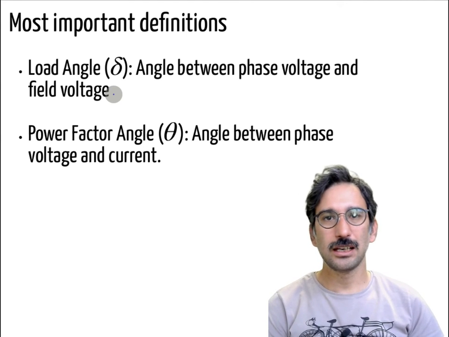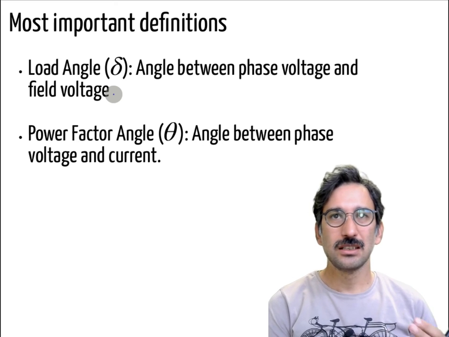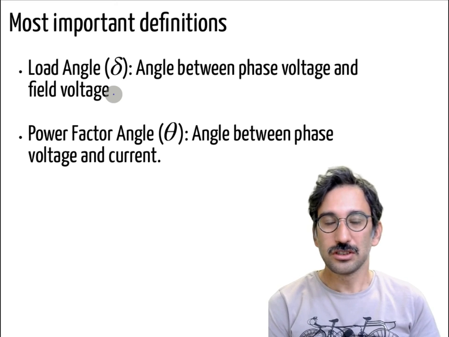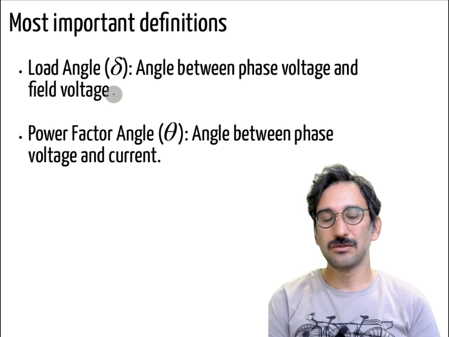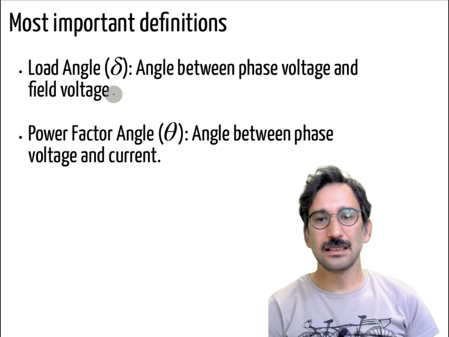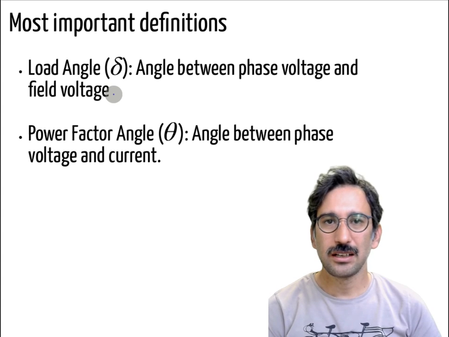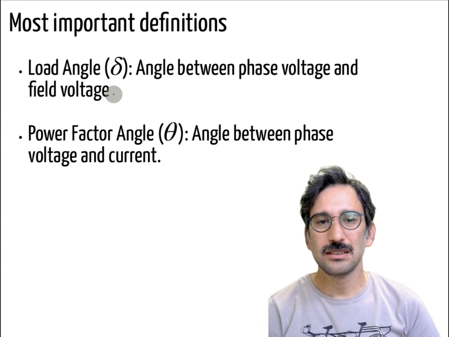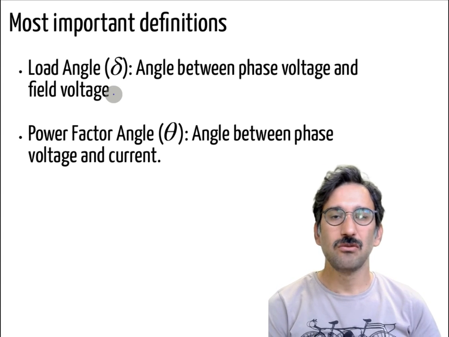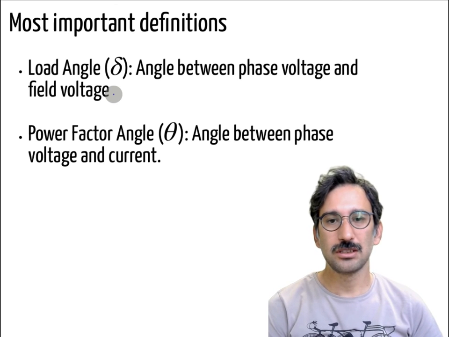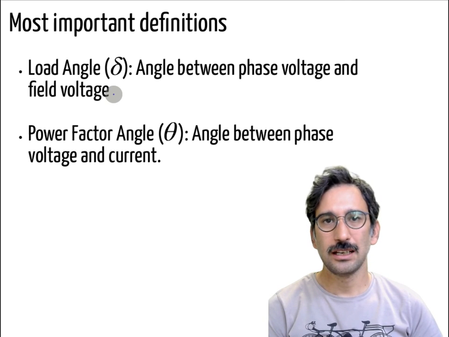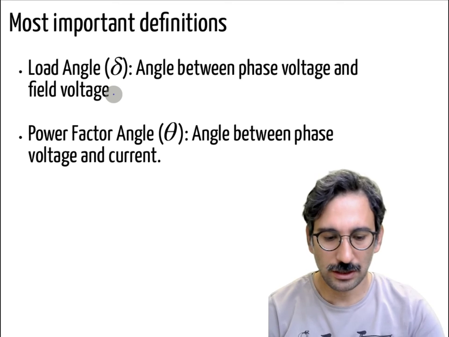That is the load angle, because it defines in which direction the torque is generated or which direction the power flows. And secondly, you are familiar with the power factor angle, theta. That is the angle between the phase voltage at the terminal side and the current.